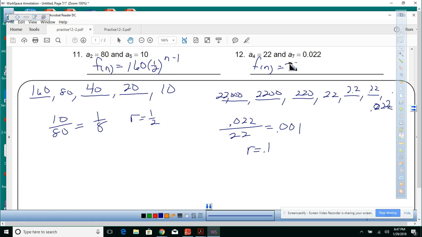Okay, so f of n equals 22,000 times 0.1 to the n minus 1. Well, hold on a second, Mr. Carver. I'm sitting here looking at this. How in the world are you doing that? I'm multiplying each one of these by 10, what's the opposite of 0.1? 10. Okay, and let's see here.